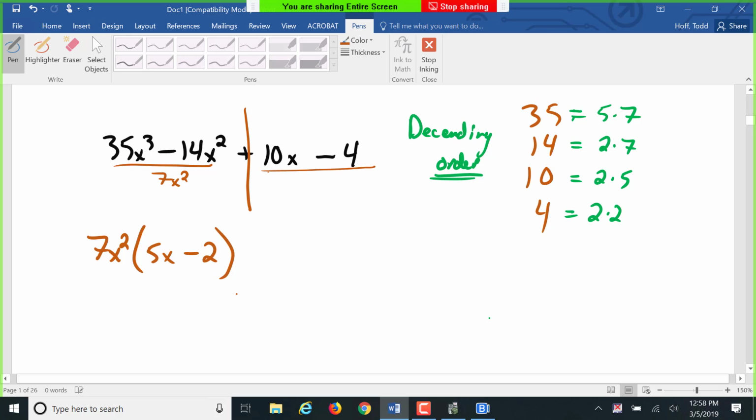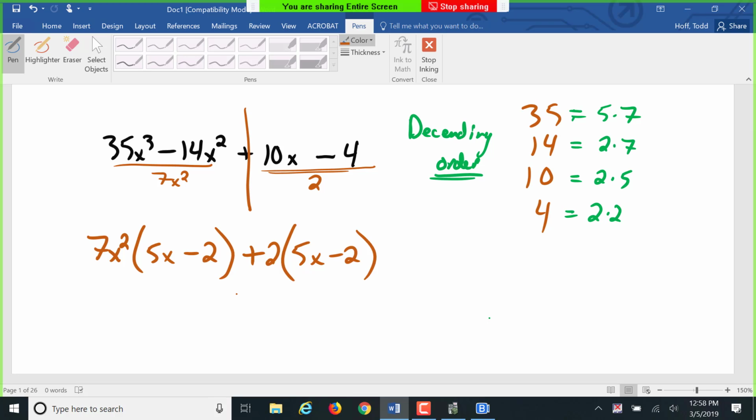Now let's look on the other side over here. 10x and negative 4. What can both of those have as a common factor? Positive 2. So if I divide out that 2, what is left there? 5x minus 2. So I grouped them. This is called grouping.